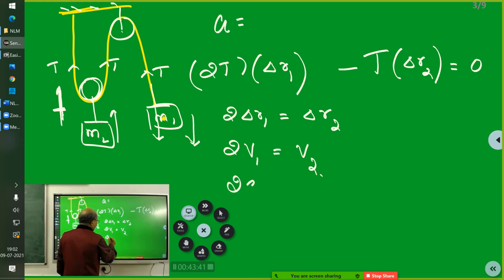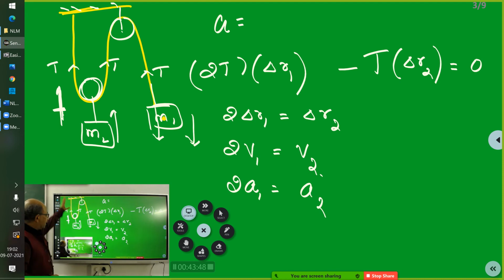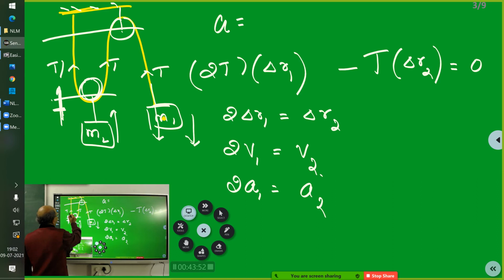Again I differentiate, I get 2A1 is equal to A2. We got the same relation from the earlier derivation, where you take the length of the string to be L1 and L2. So we can solve these problems using this equation.